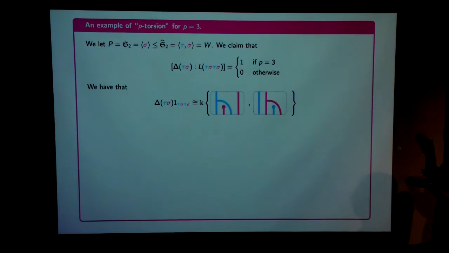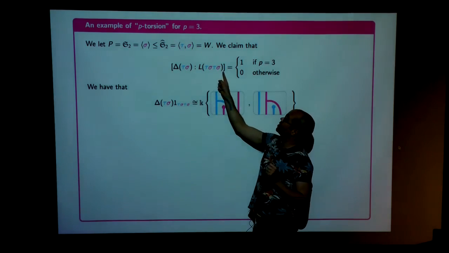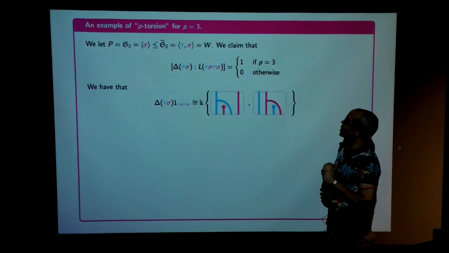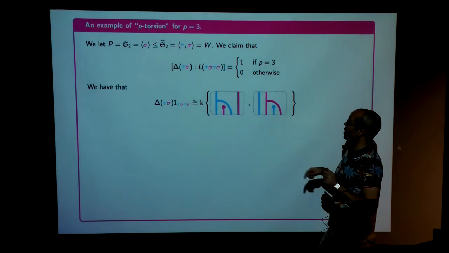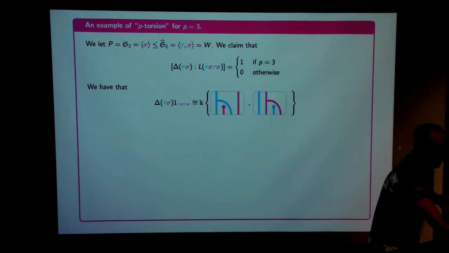There are 2 ways of getting a path of this weight and this shape. So it's got to go blue, pink, right? And I'll draw them, why not?